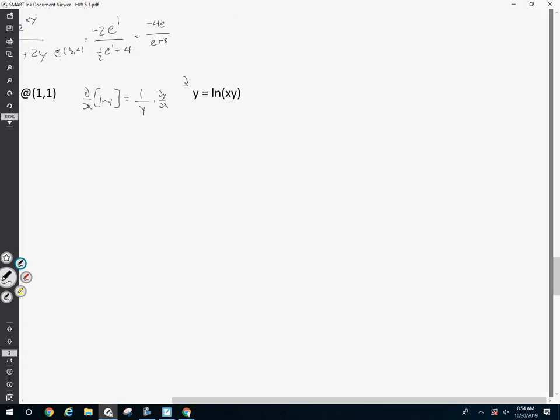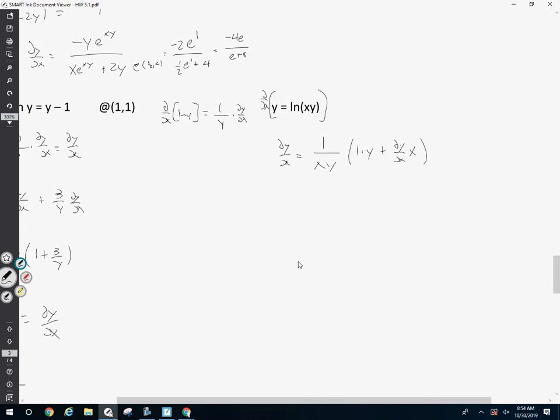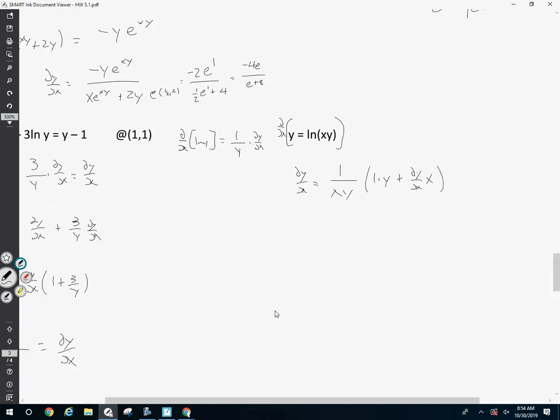All right, let's look at this guy. I got dy dx equals 1 over xy times the derivative of xy, derivative of the first times the second plus the derivative of the second times the first. You need to be able to do this without just looking. Again, dy dx on one side, dy dx trapped in parentheses on the other side. You got to distribute. That way you can easily manipulate. You won't always have to.